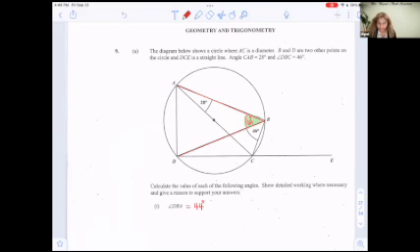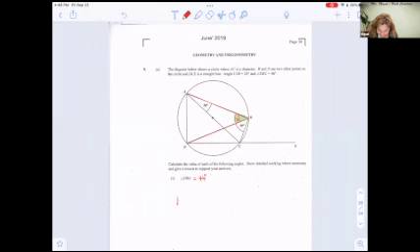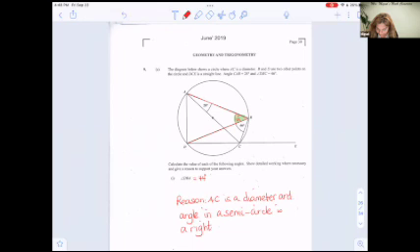And the reason, because we have to give a reason, is AC is a diameter and the angle in a semicircle is a right angle. So you must state the reason and you must state the value. So go ahead and take it out. So that was the first part.